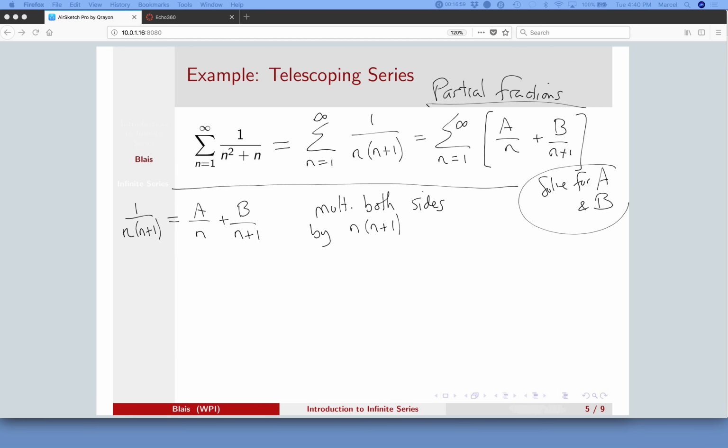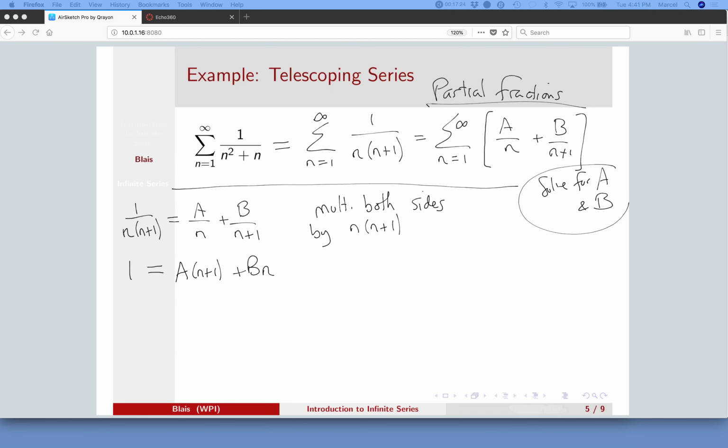We're just left with 1. On the right-hand side, the n will cancel here, so we will have an a times n plus 1. And then the n plus 1 will cancel here, and we'll have bn. So this has gotten rid of all the division.